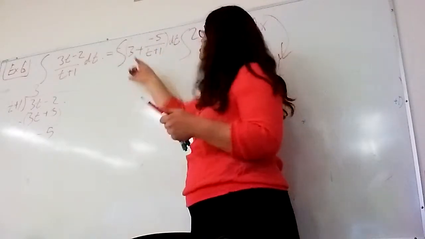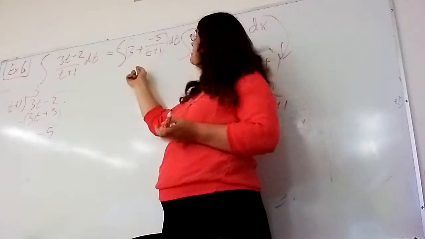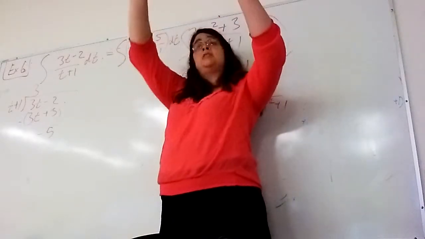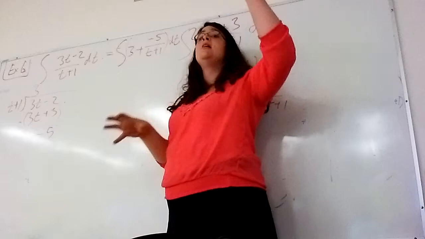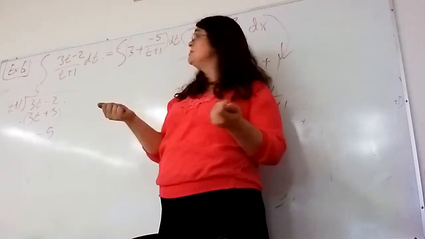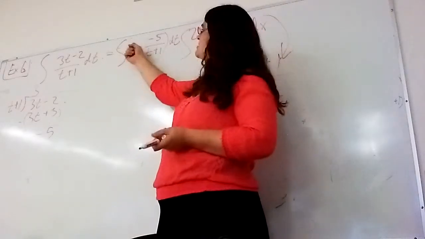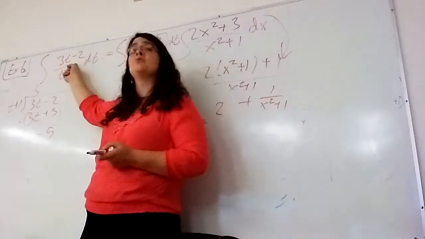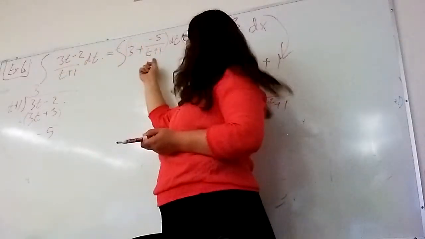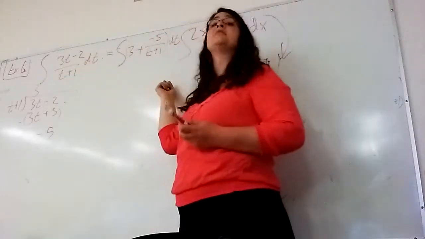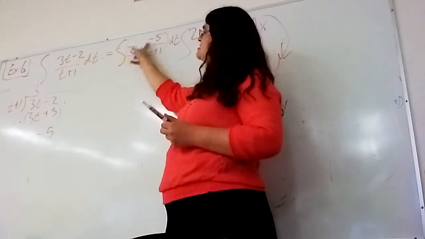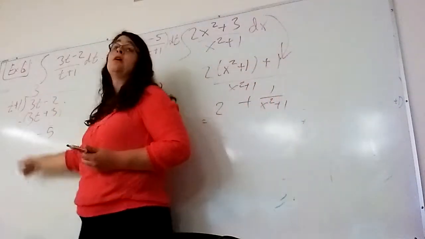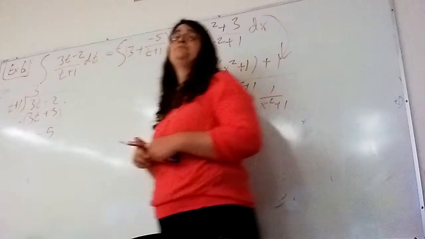If you're not convinced, just do the algebra. The 3 is 3 times t plus 1 over t plus 1. The 3 times t plus 1 gives you 3t plus 3, and 3t plus 3 plus negative 5 gives you 3t minus 2. So if you do the algebra, these two things are the same, but the numbers came from the long division.